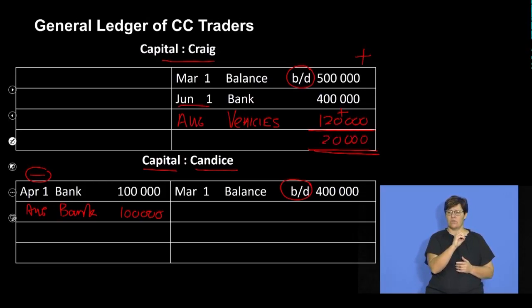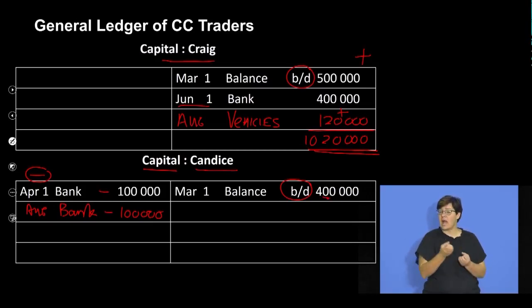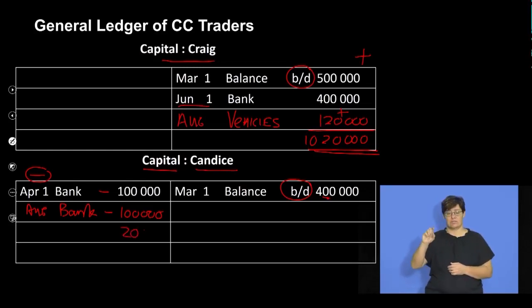Right, his contribution should be sitting at 1,020,000. So that's where Craig is sitting, 1,020,000. Now Candace, on the other hand, started off with 400,000. She decreased her capital by 100,000. She then further decreased it by 100,000. So her balance at the moment is sitting on 200,000.